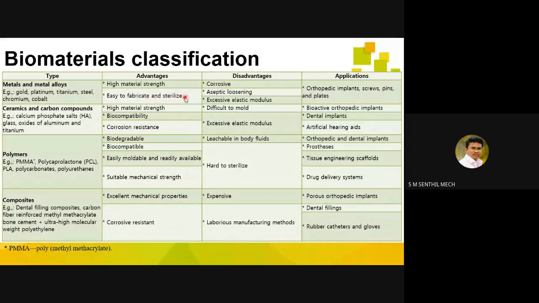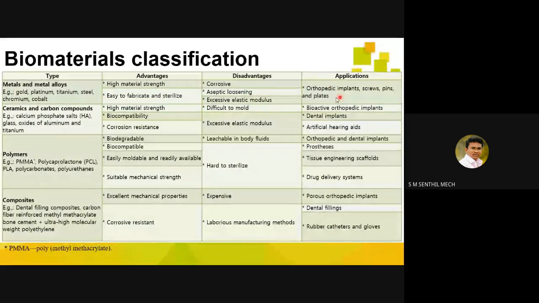I hope everyone knows the meaning of sterilization. Yes. So they can be sterilized, but there are a few materials which can't be sterilized due to their reaction between the oxygen and the water molecules. Moreover, this is what I need to emphasize here: orthopedic implants, screws, pins, and plates.